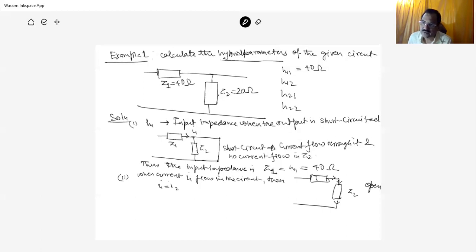So the ratio H21 is equal to I2 upon I1 with minus direction, that is -1, so H21 is equal to -1. Third point is the voltage drop.